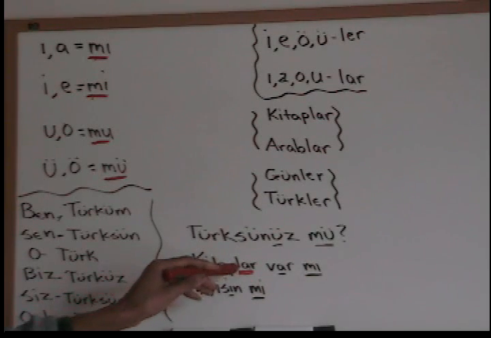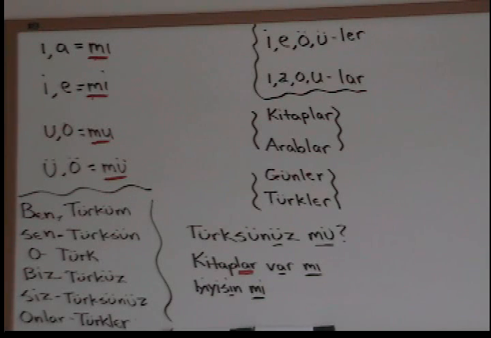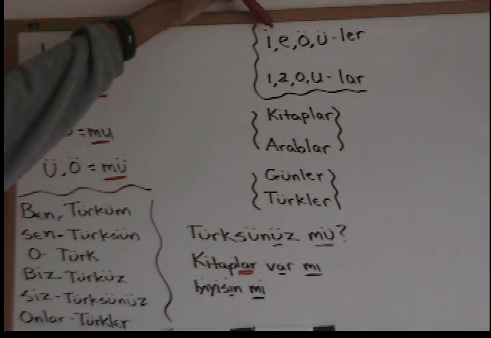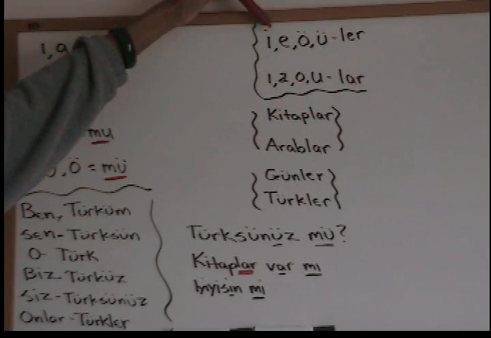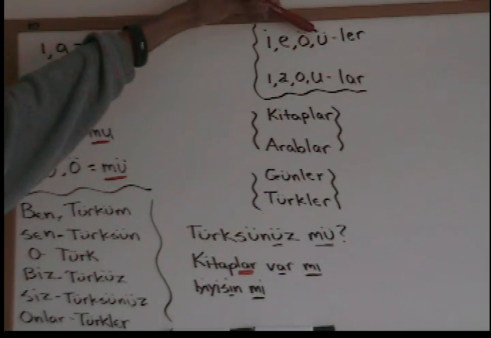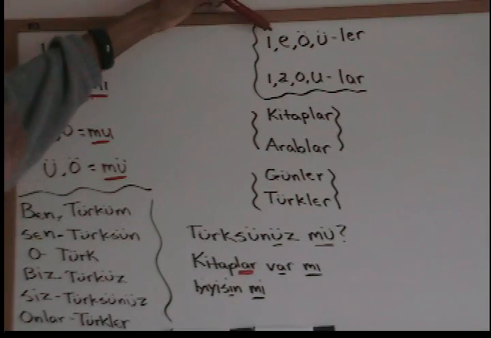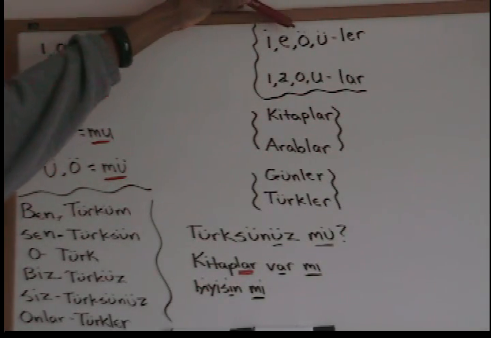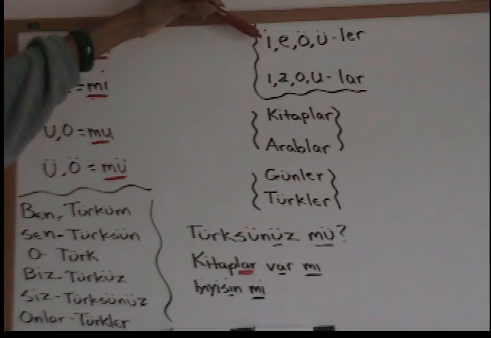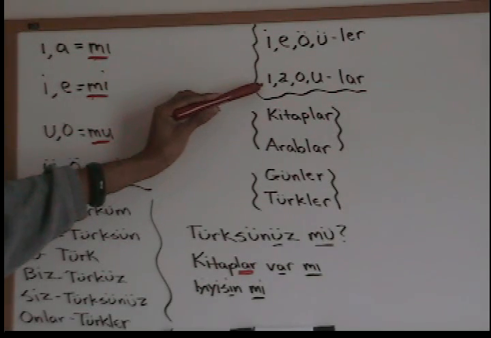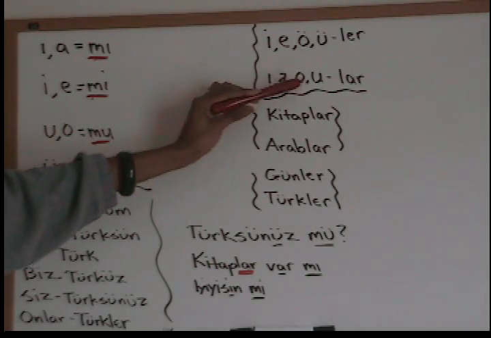Since I've written a plural here, kitaplar, let's go up here. These are for the plurals. E, ü would take ler for the plural. If the vowel before the last ends in any of these letters here, it's going to be ler. Now we have ı, o, u, a: lar.